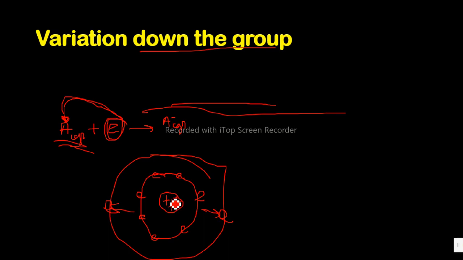That phenomenon is called the screening effect. So you have the nuclear charge, the positive charges which attract these electrons, but you also have the screening effect, the repelling of the outermost electrons by the innermost electrons from being attracted to the nucleus.